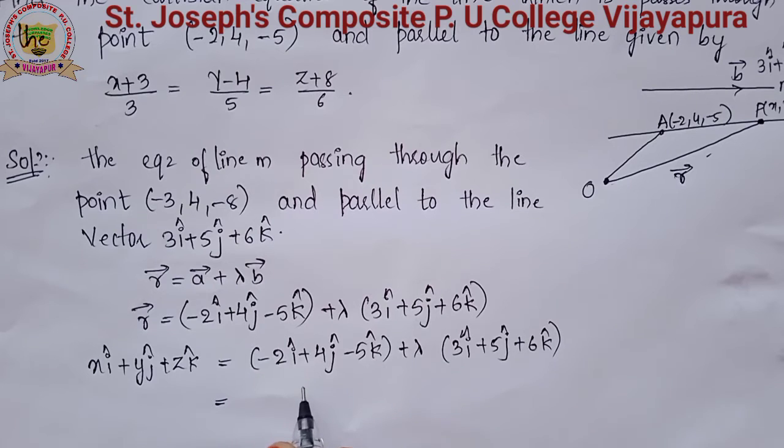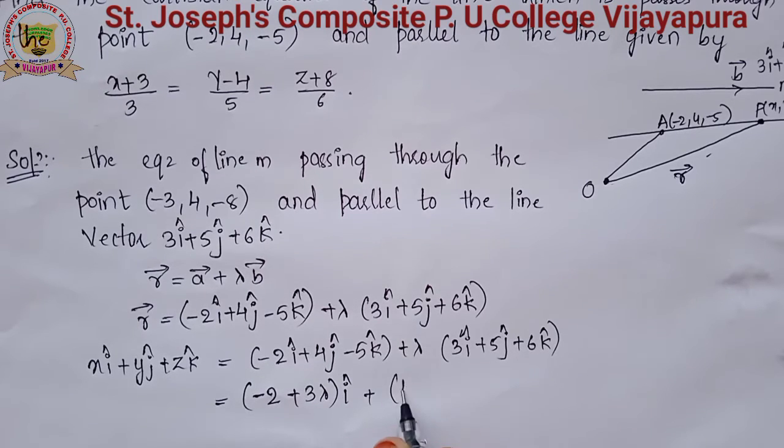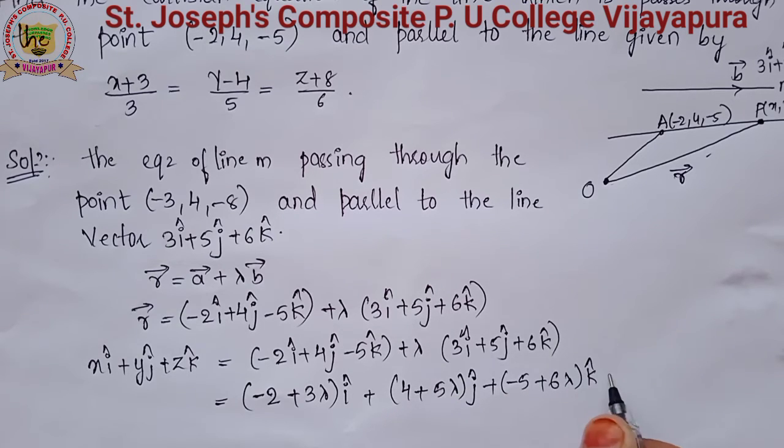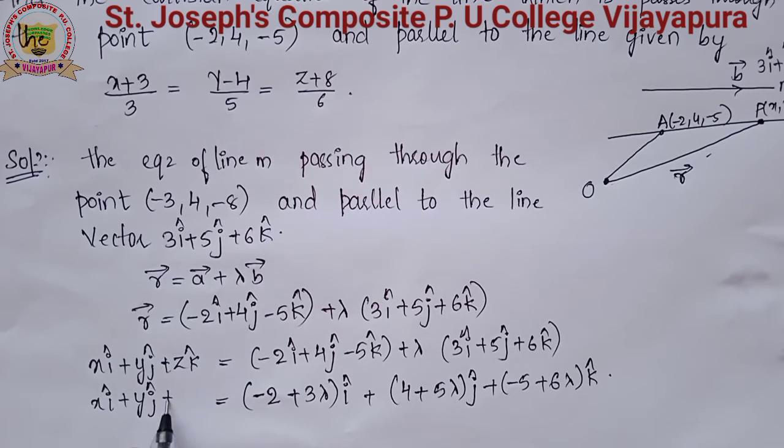Now make the i vector one side. You will get (minus 2 plus 3 lambda) i vector plus (4 plus 5 lambda) j vector plus (minus 5 plus 6 lambda) k vector is equal to xi plus yj plus zk.